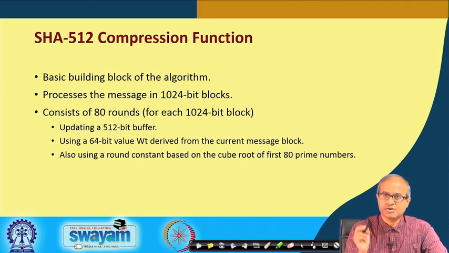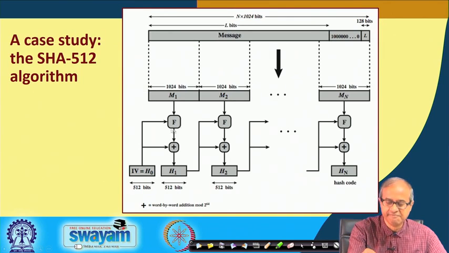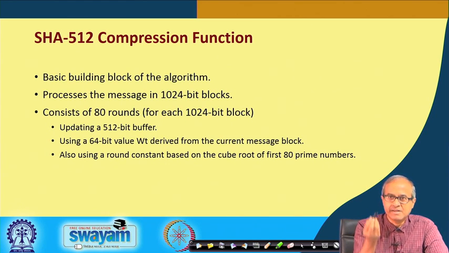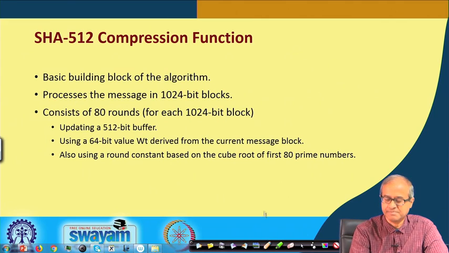The compression function means this f function I talked about. This f function is the basic building block of SHA 512, and as you saw in the previous diagram, function f takes a block of the message which is 1024 bits in size.